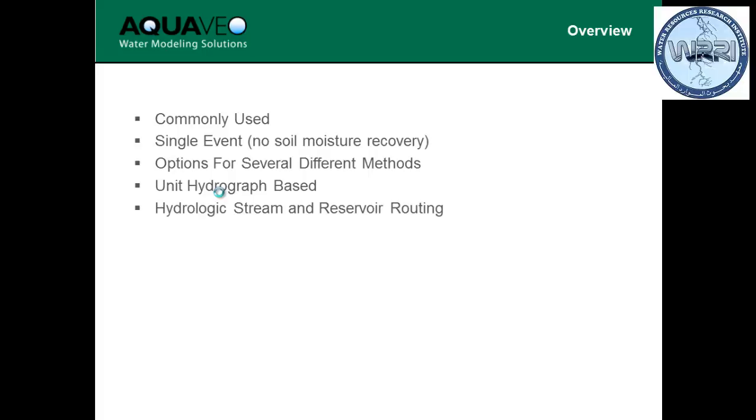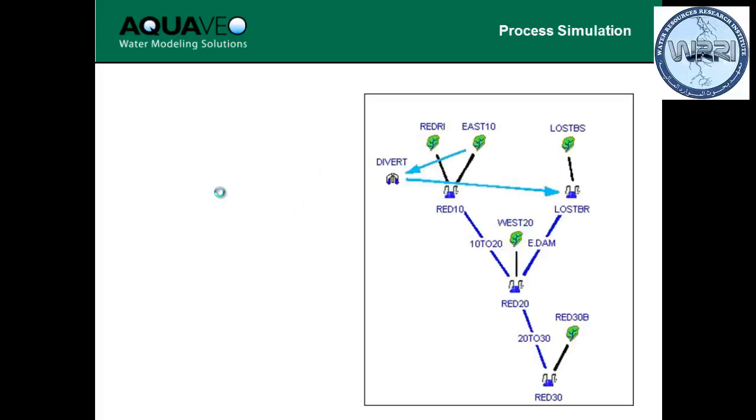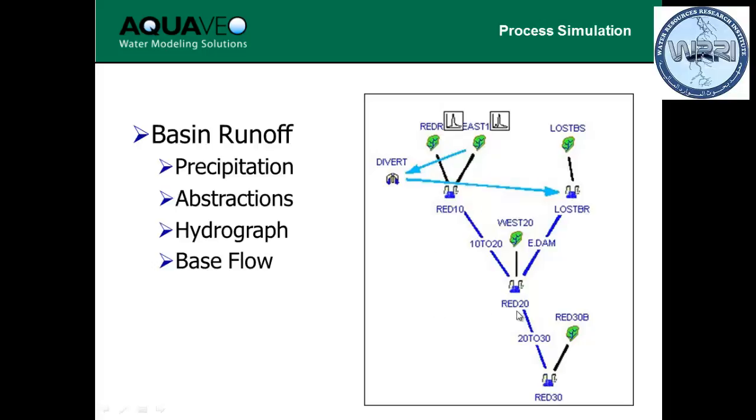HEC1 is based on unit hydrographs, and there are a lot of different methods for unit hydrographs, for computing losses and things like that that are used in HEC1. And you can do stream and reservoir routing in HEC1. We're going to discuss those things. So in HEC1, this is a topologic tree that's used in HEC1, and I can model basin runoff.